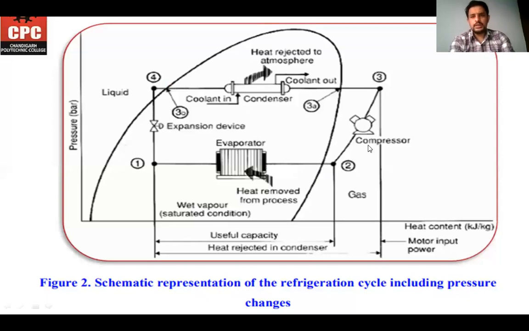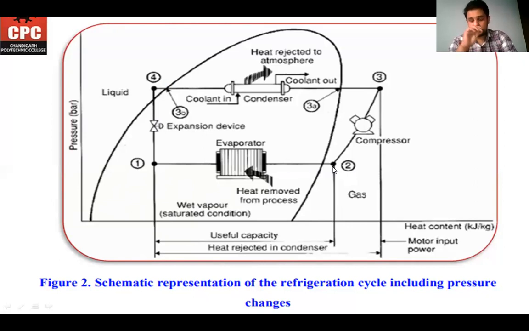Last time we discussed what a pressure enthalpy diagram is and how the vapor compression cycle is drawn on the pressure enthalpy chart, as you can see in this diagram.